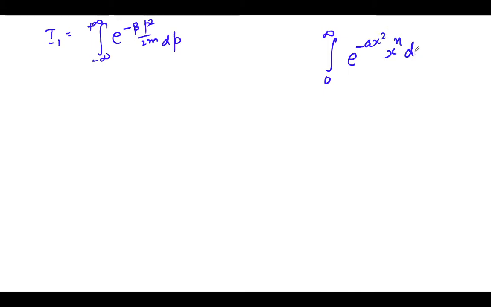So let us solve these integrations separately. The first integration is from minus infinity to plus infinity of exponential of minus beta p square over 2m dp. We have solved the same type of integration using the standard integral from 0 to infinity of exponential of minus a x square, x raised to power n, dx, which is equal to gamma function of (n plus 1) by 2 over 2 into a raised to power (n plus 1) by 2.